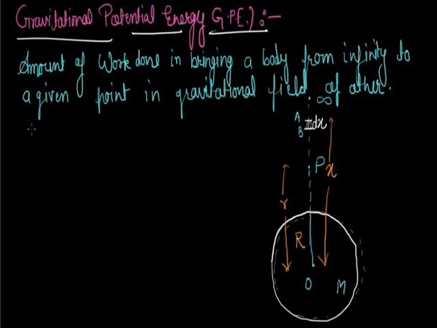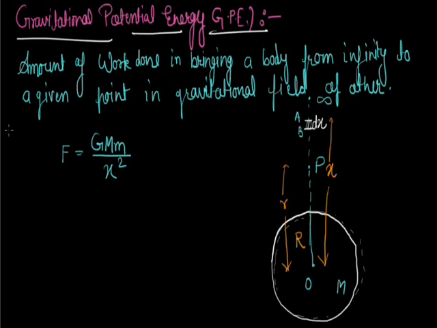Suppose the body is at a point A, and the force on this body due to Earth will be F equals G M m upon x square, where M is the mass of Earth and small m is the mass of the object. It is the force experienced by the body when it is at point A.